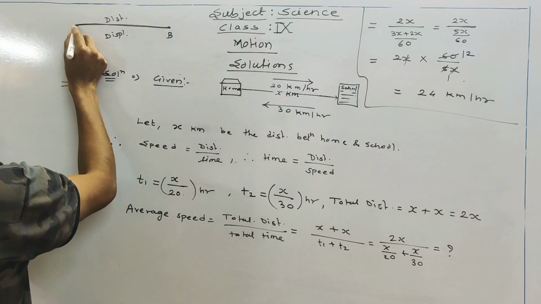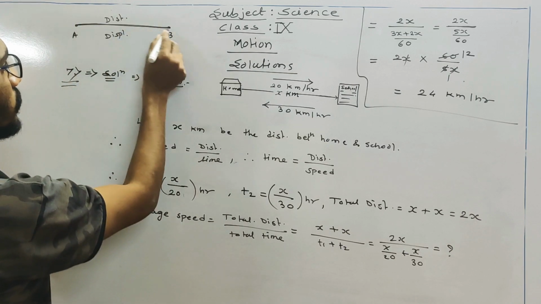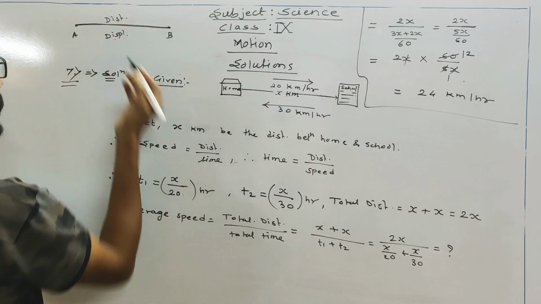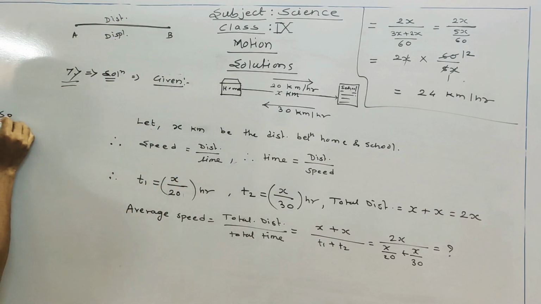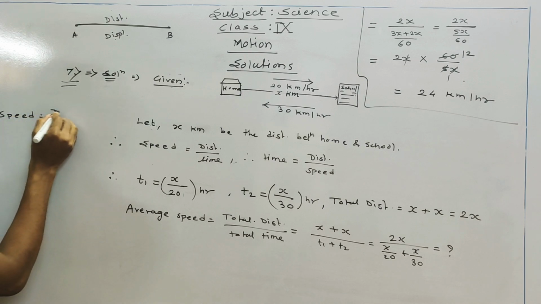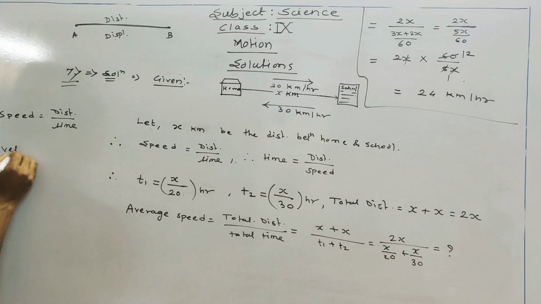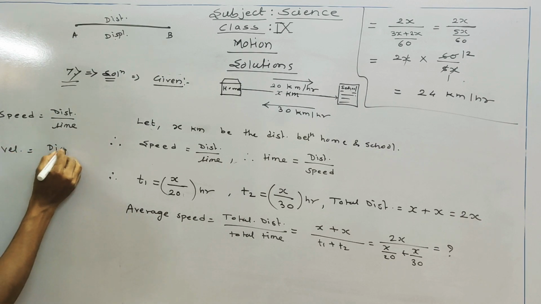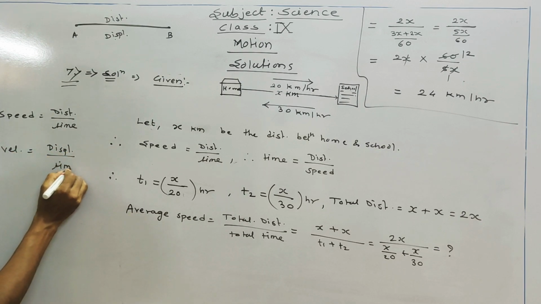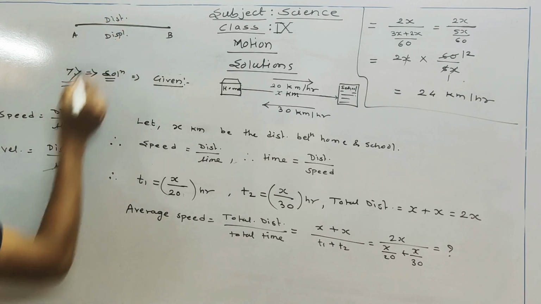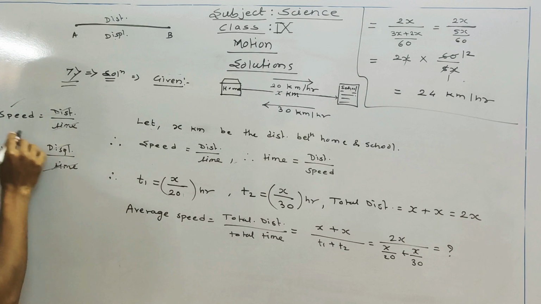This is the shortest distance as well as displacement. Speed is equal to distance by time. Velocity is equal to displacement by time. Time is the same, and if distance and displacement are also the same, then speed equals velocity.